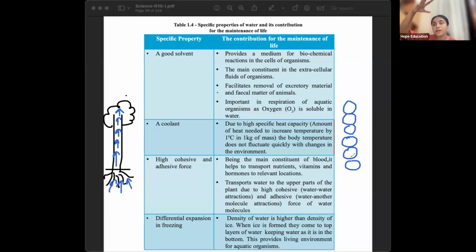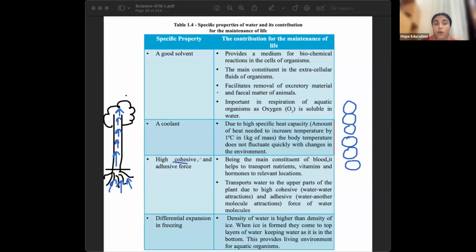When they are going up or going down, when water is transported anywhere, if one water molecule is going ahead, all the other water molecules are dragged along. Why? Because between these water molecules there are bonds, just like children in the queue holding the shoulders of the one in front.